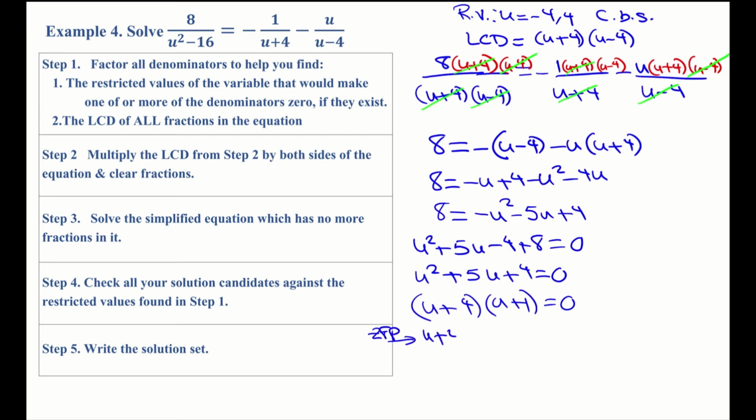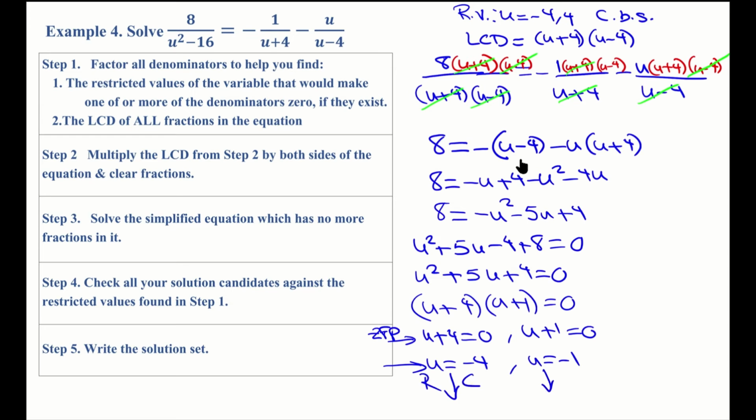So we get u plus 4 equals 0, or u plus 1 equals 0. So this one will give us u equals negative 4, and the next one will give us u equals negative 1. So now we have to do the restriction check on each of these.